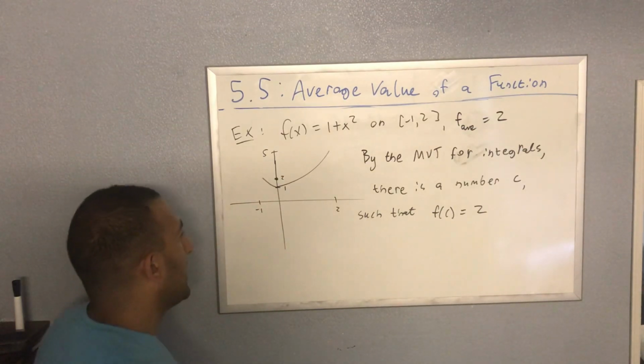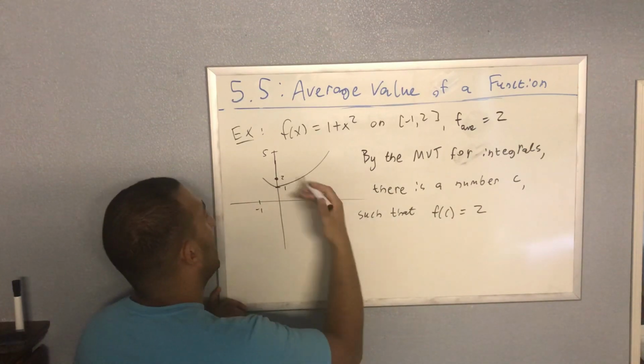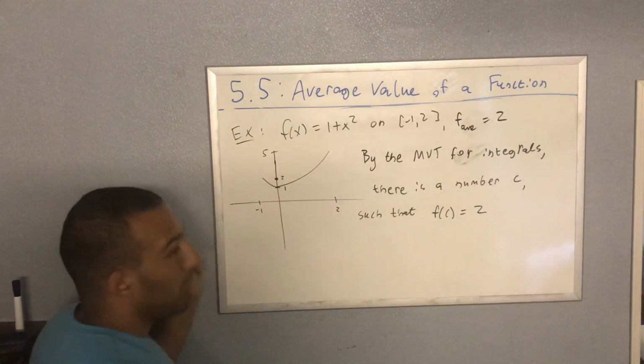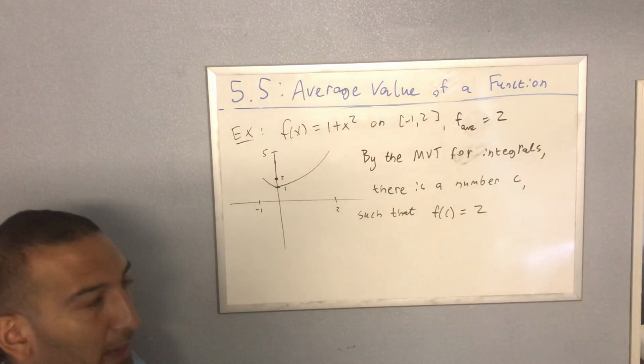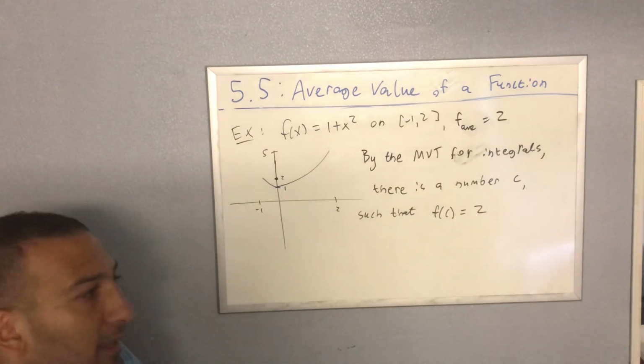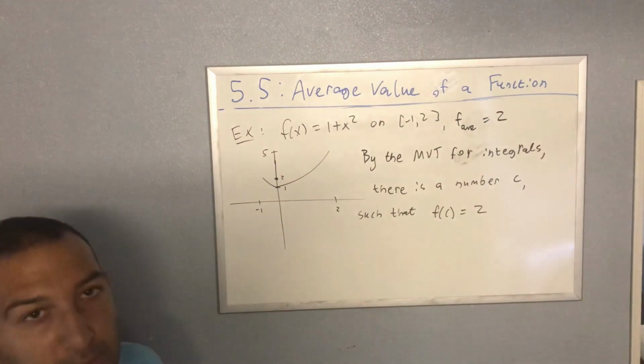So there has to be some number c that when you plug it into the function, it actually hits the output of 2. If there's not, then how can a function hit the average without one of the numbers actually being in there?